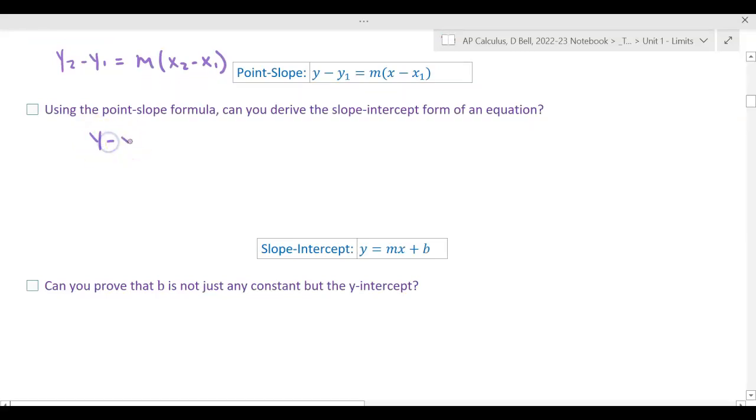So now let's start with that formula to derive the slope-intercept form of an equation. Well, I can distribute the m, I can distribute the slope, and I can add y1 to the other side.